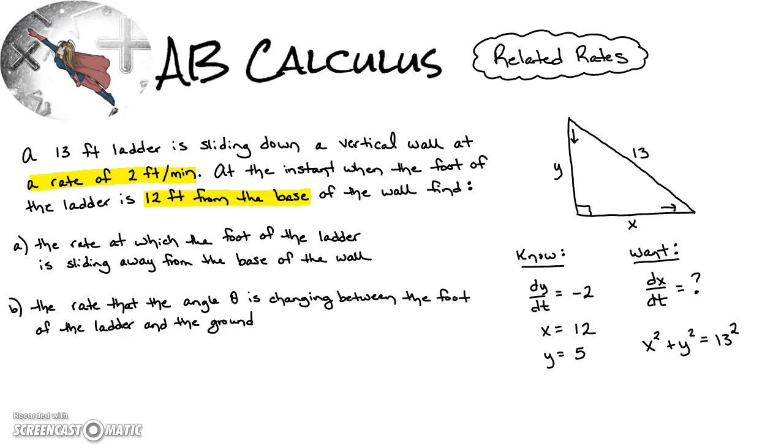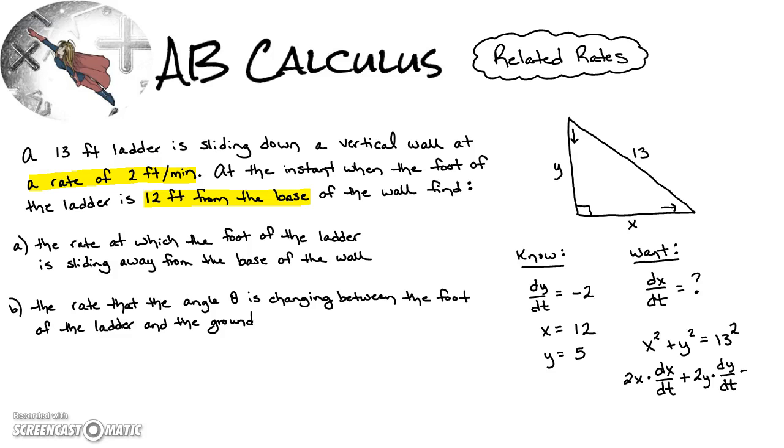But you write down the equation, and then from there, you take the derivative of the equation with respect to time. So this x squared, that's going to be 2x, but then since we're doing this with respect to time, we times by dx/dt. And then the y squared, that's going to be 2y times dy/dt.